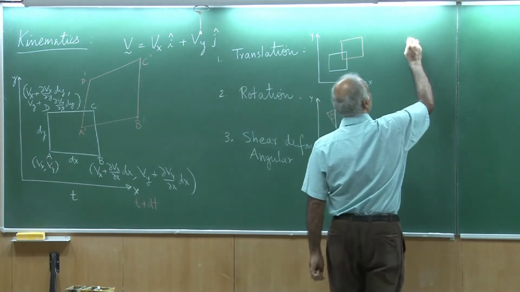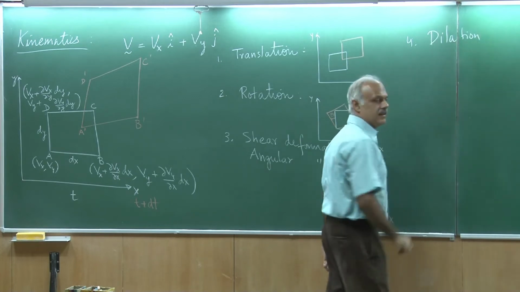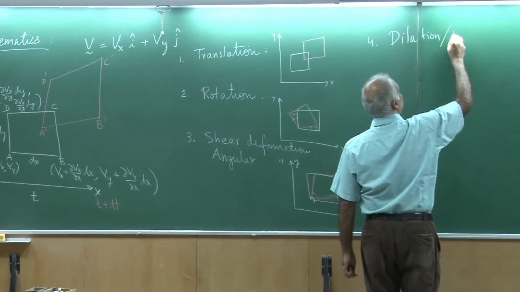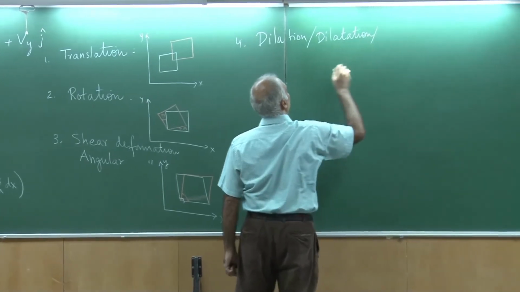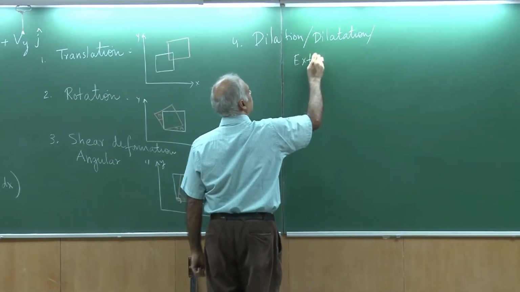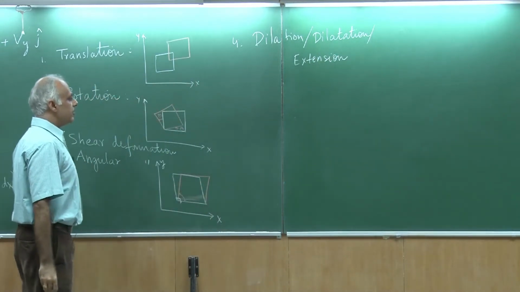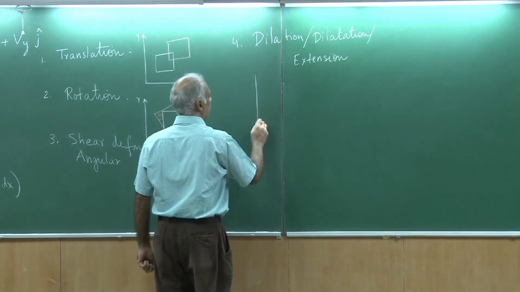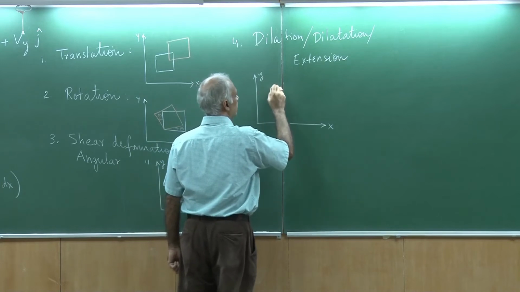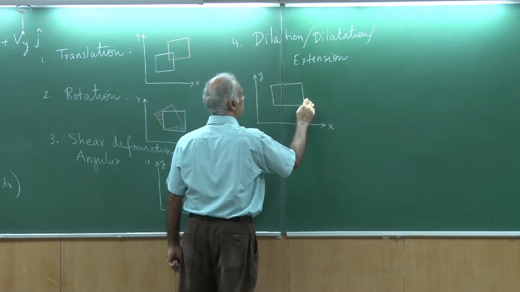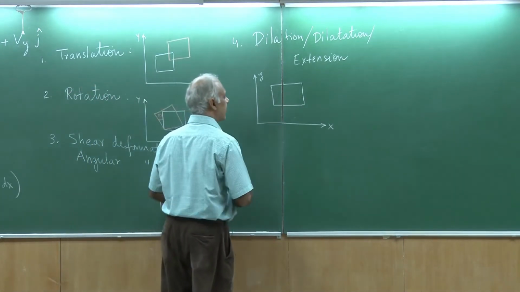Plus, I could have something called a dilation. Sometimes people refer to it as dilatation, or even something like an extension, wherein given this element over here, the initial element, it now extends its edge along x and along y.